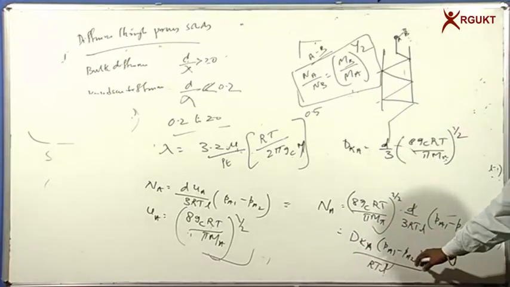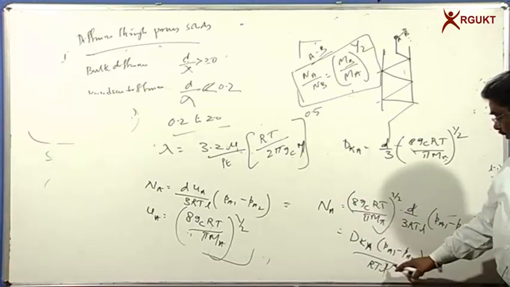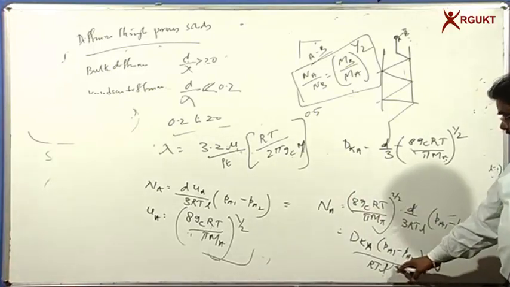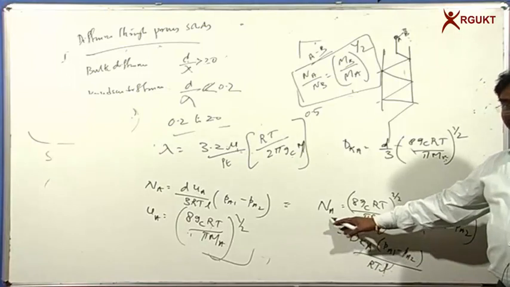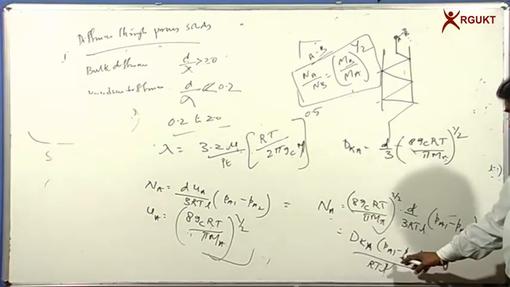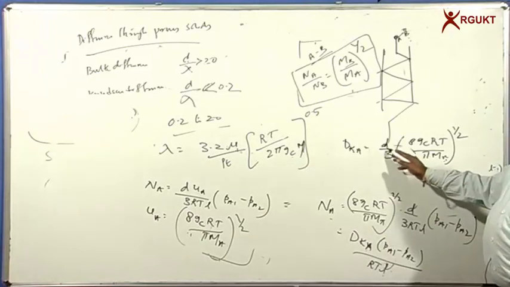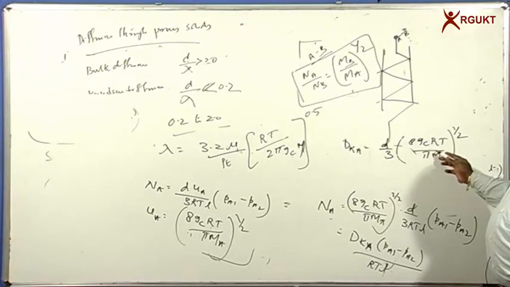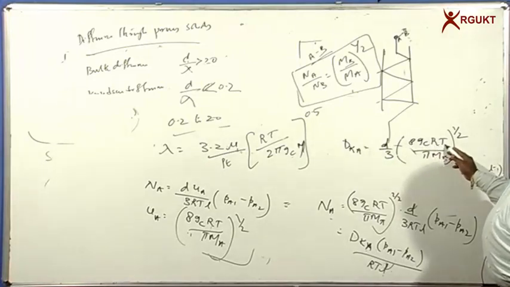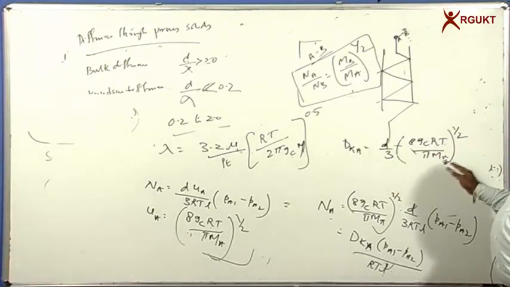Now you look at this problem again. This is the expression that we are going to use to calculate the Knudsen flux when Knudsen diffusion is going to take place. In this expression, the only thing is dKA. This dKA is equal to d by 3, where d is the pore diameter, Gc is a constant, R is the universal gas constant, T is the temperature, Ma is the molecular weight.